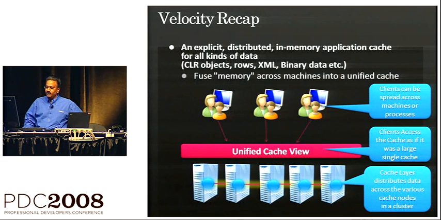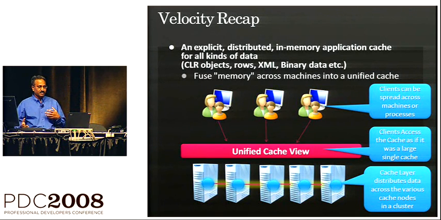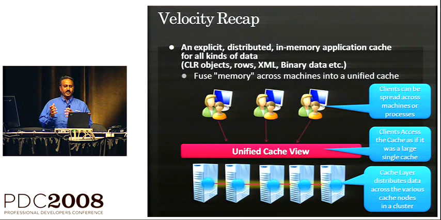So the recap: it's an explicit cache, and we stress that explicit. Sometimes people think it's transparent, like a file system cache or a database cache, where you touch the database and things automatically come into the cache. No, that is not it. It is an explicit cache where you put objects into the cache.